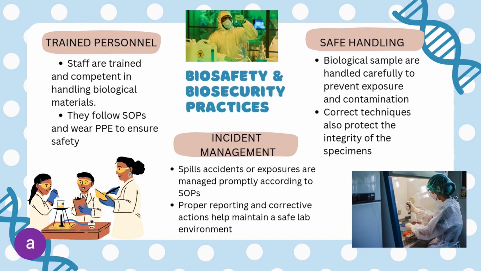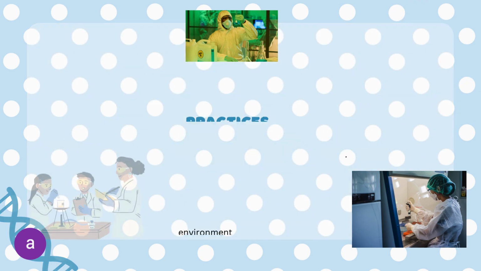This prevents contamination, exposure, and laboratory-acquired infections, keeping both staff and samples protected. Finally, any incidents such as spills, accidents, or exposure are managed promptly according to SOPs. Proper reporting and corrective actions help prevent recurrence and maintain a safe working environment for everyone.